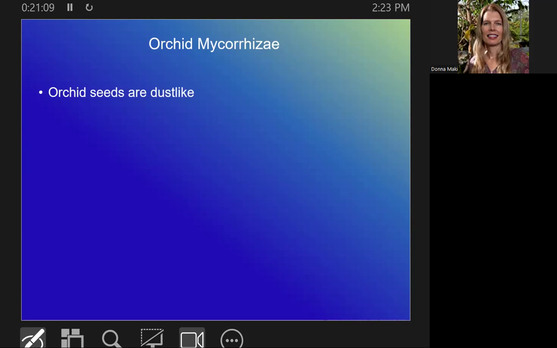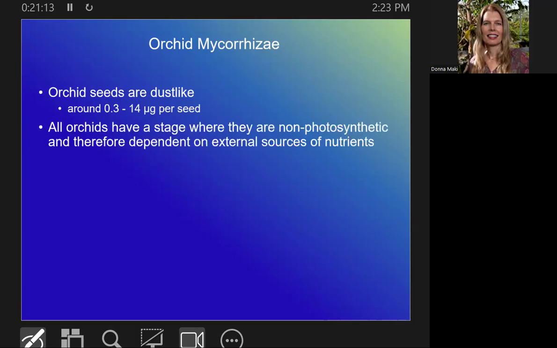But they have this very odd situation where they have to totally rely on the correct mycorrhizal fungus to be near the seed. If it's the wrong species, it's not going to happen. The seed's done.